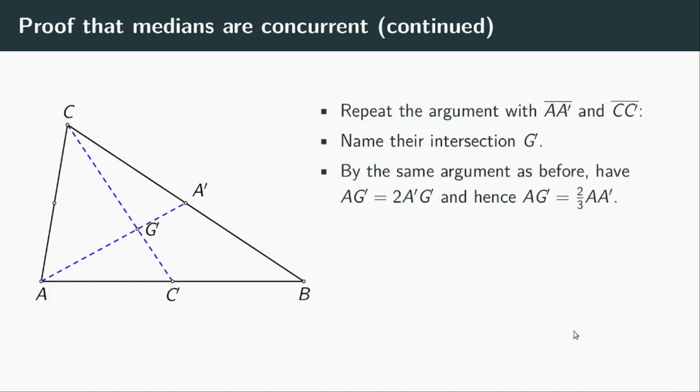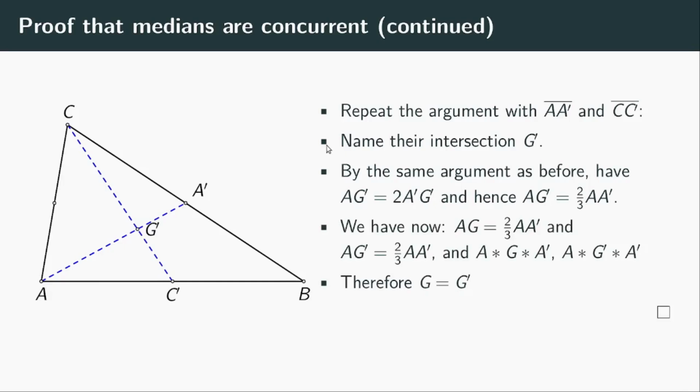We connect A'C', and we get triangles A'C'G' and ACG', show they're similar, and come up with the fact then that AG' is 2 times A'G'. Same algebra argument that we did before, to then say that the distance AG' is 2/3 of the distance from A to A'.